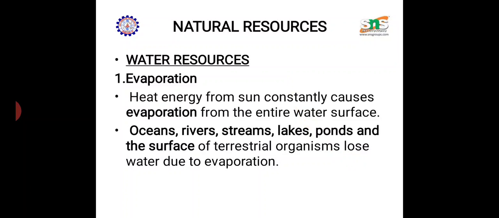The water cycle mainly depends upon three processes. One is evaporation, that is evaporation of water molecules from the oceans, rivers, streams, lakes, ponds, the surface of the earth, even from the soil.